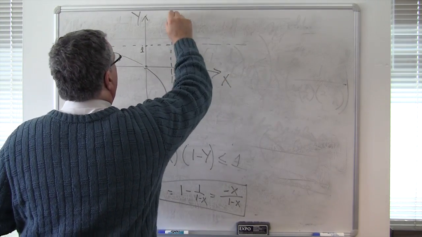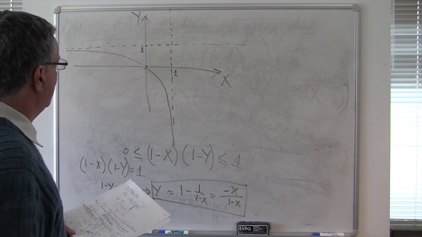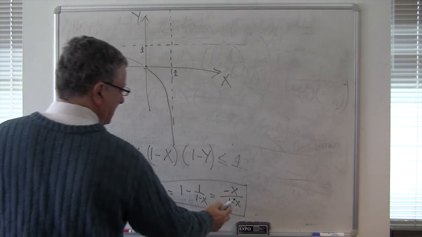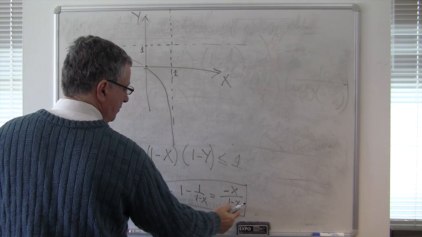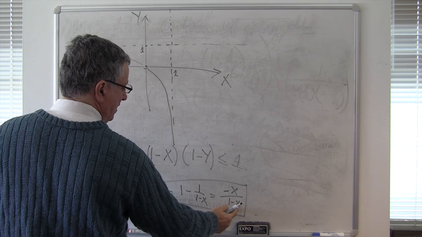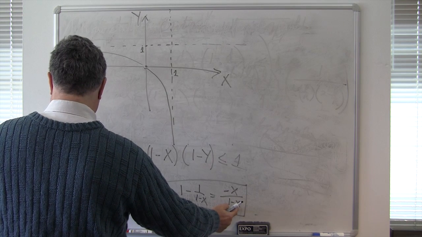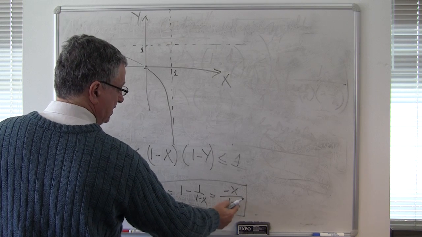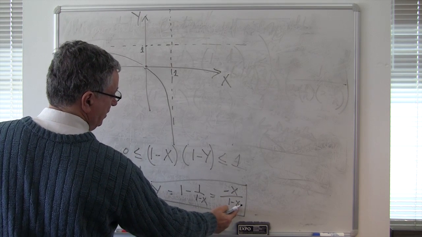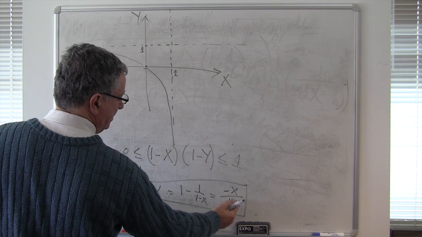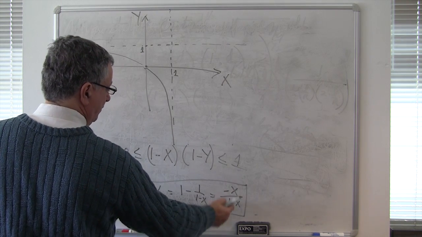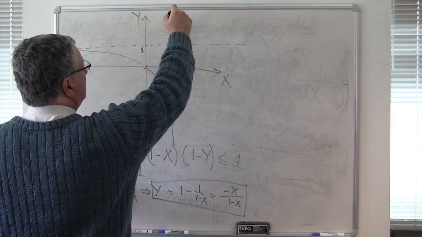That's for one branch. And then we have to look at when X is slightly larger than 1. When X is slightly larger than 1, the denominator is negative, and the numerator is negative, so the ratio of the two is positive, so it goes to plus infinity.